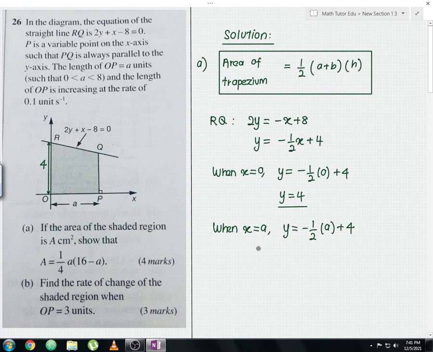So y is equal to negative A over 2 plus 4. From here what we do is we combine these two expressions into one single fraction. So y is equal to negative A plus 8 over 2. Let me underline the fraction.